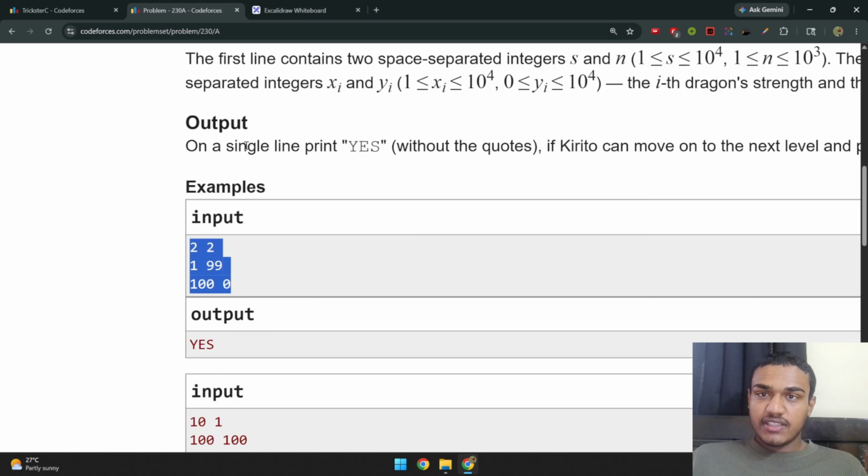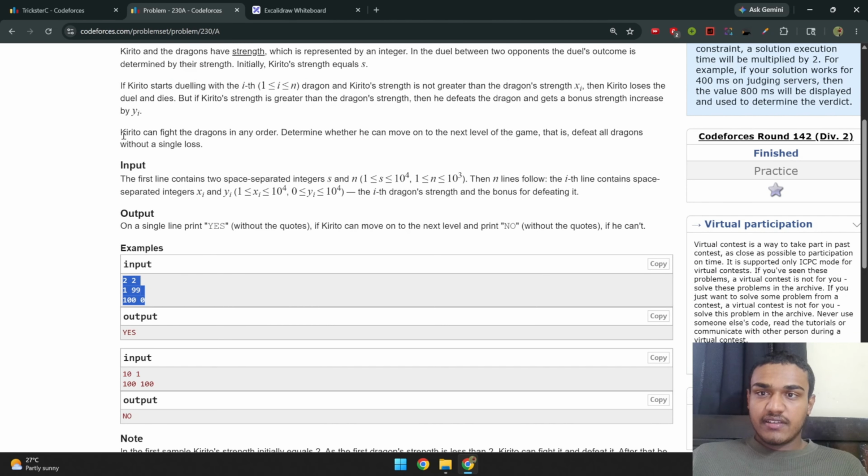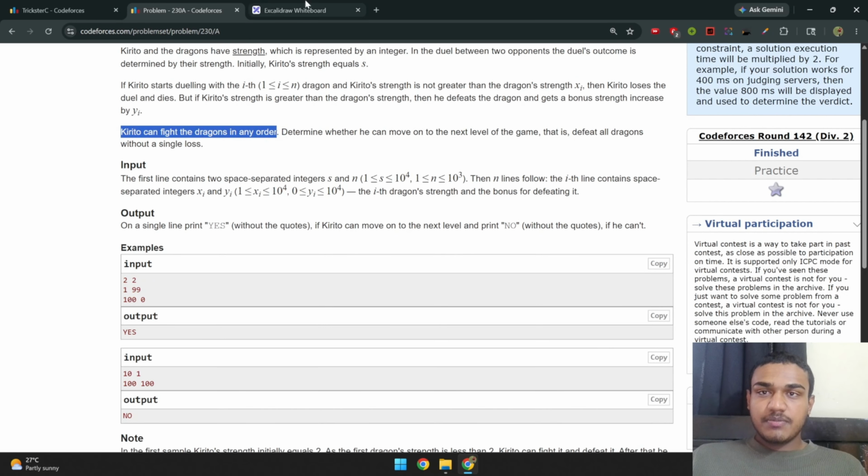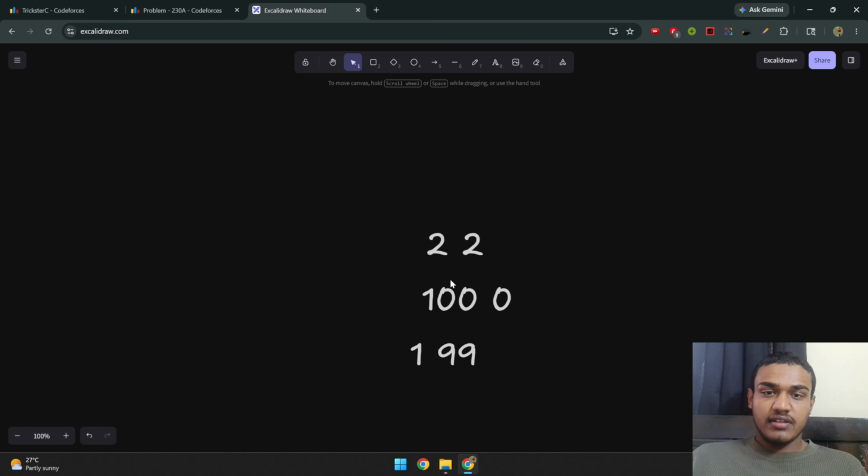But since they've told us that they can fight the dragons in any order, this means that we need to somehow sort how our hero fights dragons such that these bonus points add up in their favor and they can finally succeed and win.